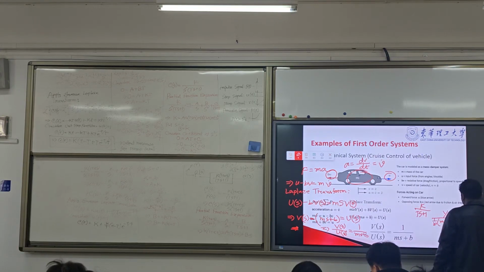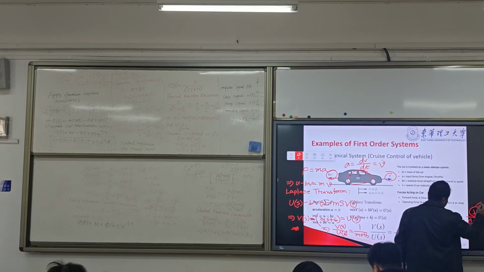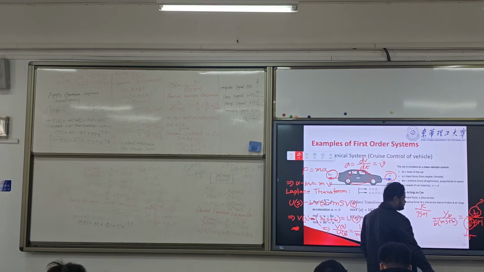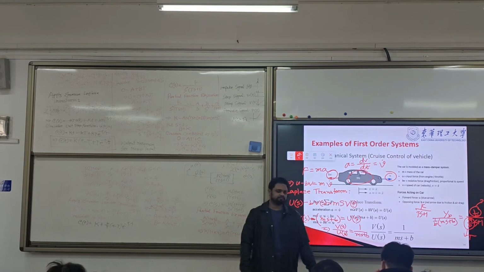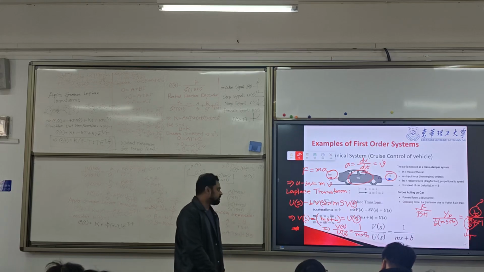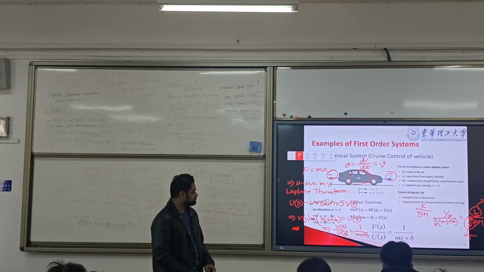So here it is m by b into s plus 1, with 1 by b in the numerator. This is your K, this is your T. First order system. So that's how you find it for the mechanical system, a first order system.